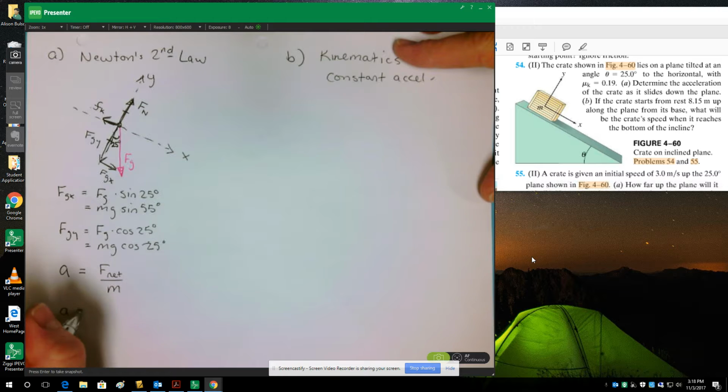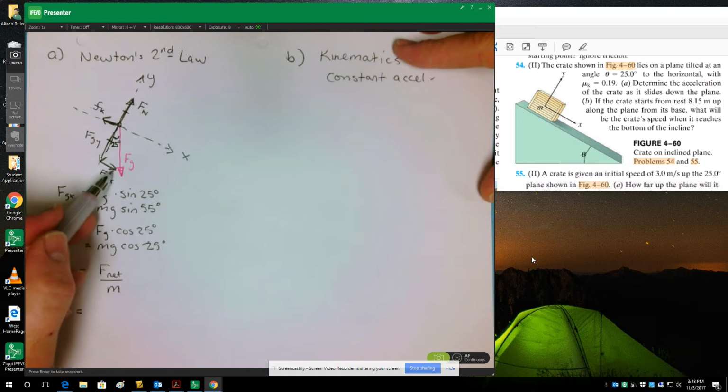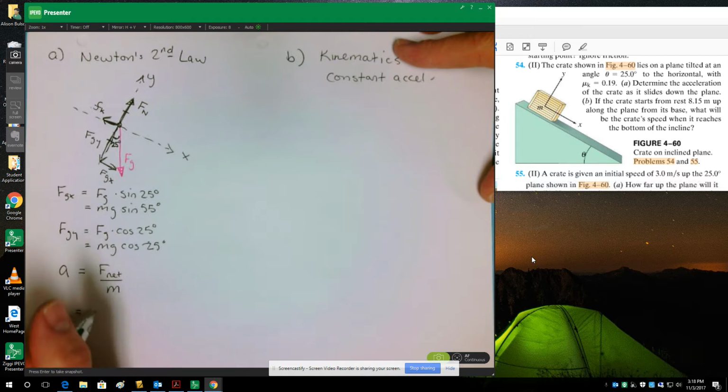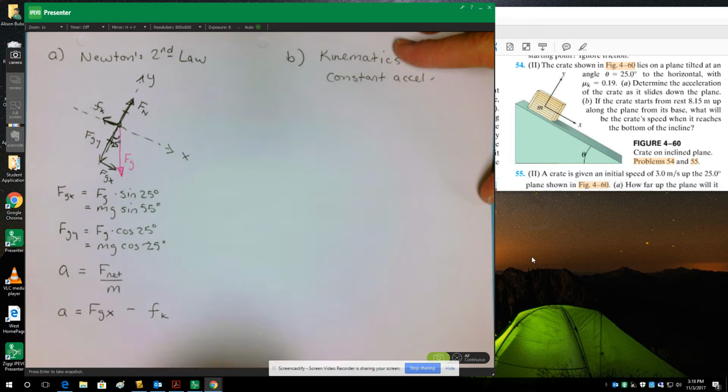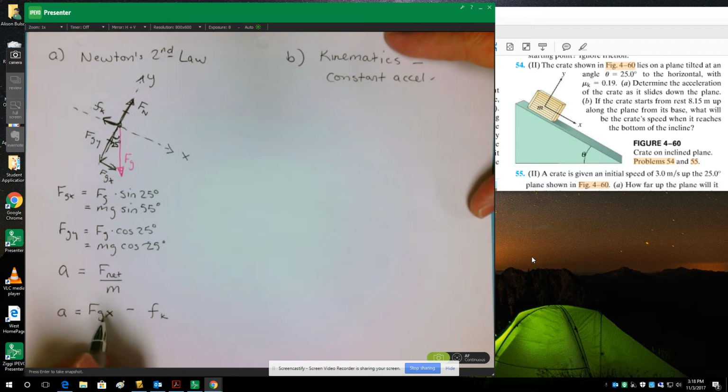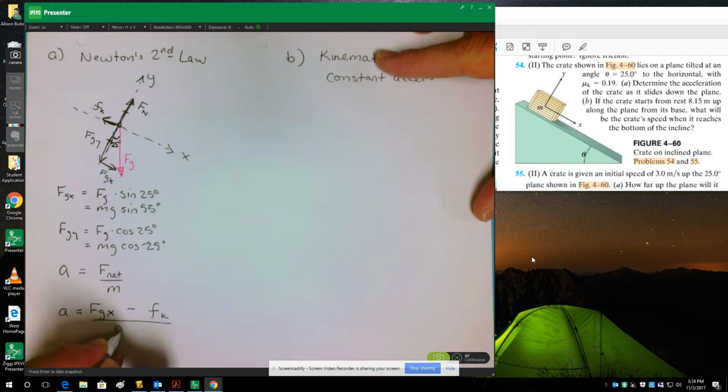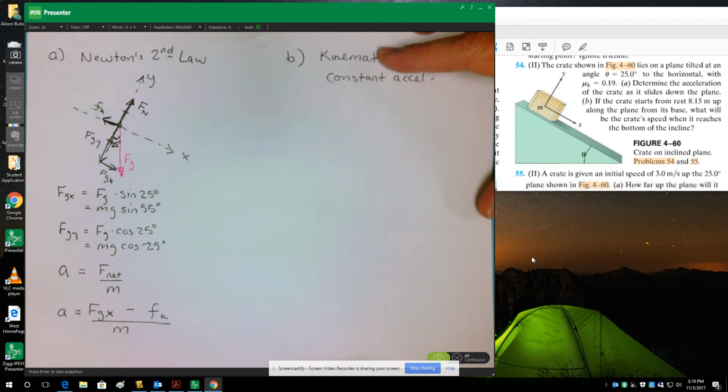The acceleration must be equal to, in the down the hill, which I've decided is positive x direction, the x component of the pull of gravity, minus, in the uphill, or negative x direction, the force of kinetic friction. Those are the two forces in the x direction, down the hill positive, up the hill negative. All of that needs to be divided by the mass of the box.